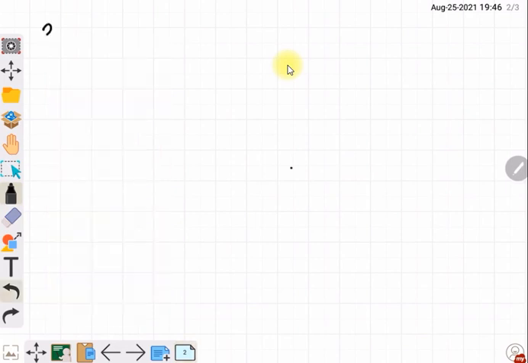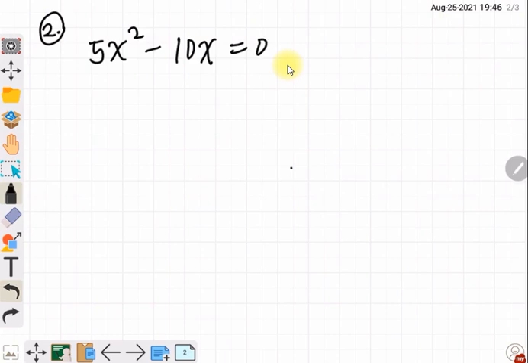Let's proceed with the next one. Number 2. Suppose we have 5x squared minus 10x equals 0. So it has only two terms. The common term between these two terms is 5x.